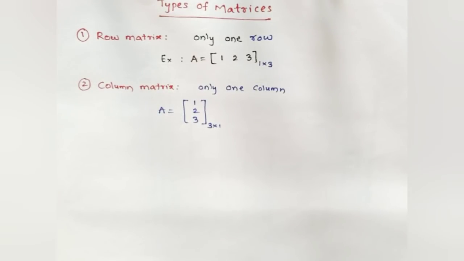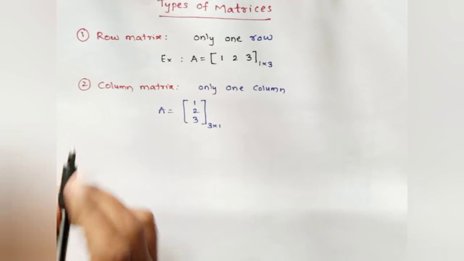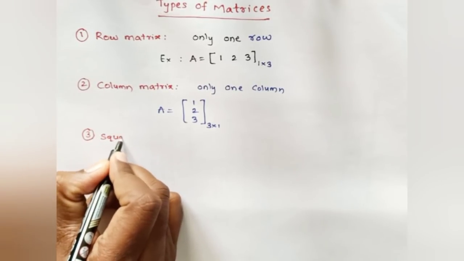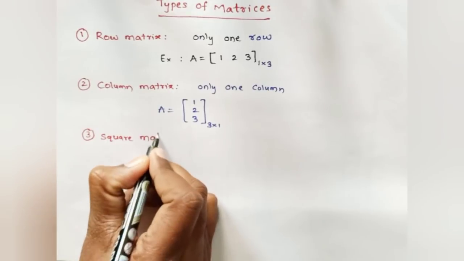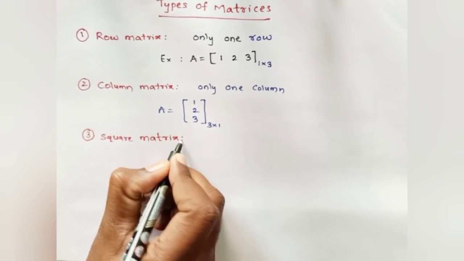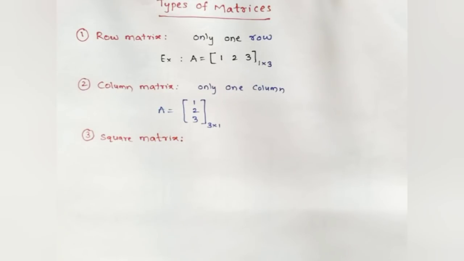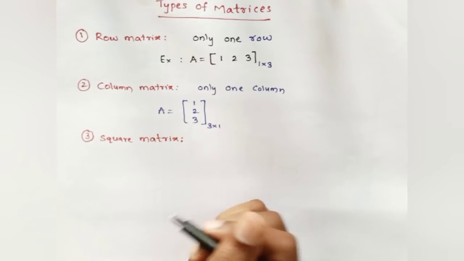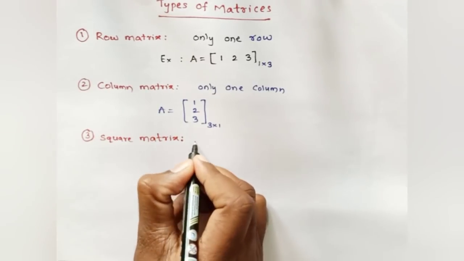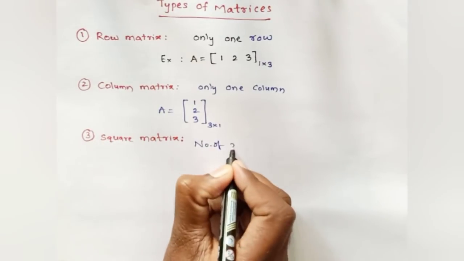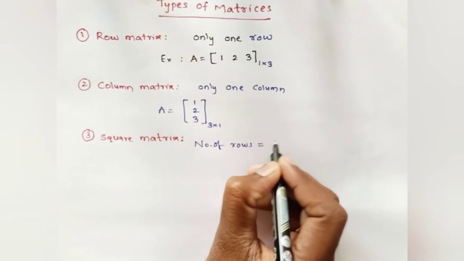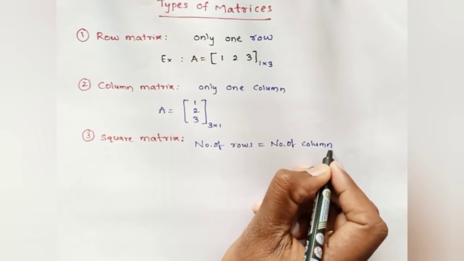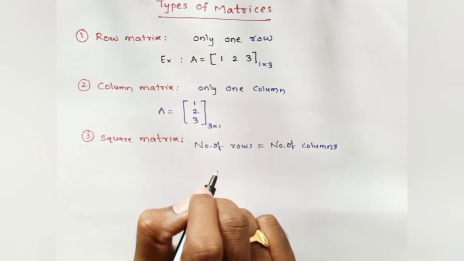And the next thing is square matrix. A matrix in which the number of rows is equal to the number of columns is called a square matrix.